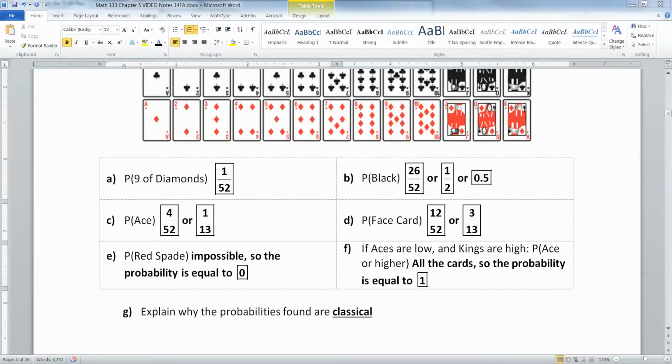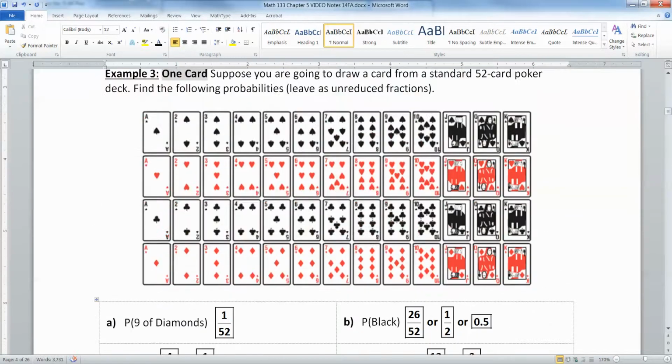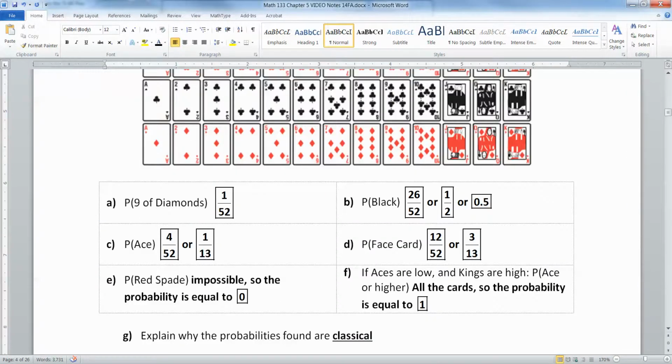All right. Now explain why this is classical. All these probabilities that we found are classical. That's because we didn't do an experiment. We don't have any data to draw from. We're just assuming that every card is equally likely, based on the makeup of the deck, based on what the cards look like. We just assume they're all just as likely as any other, and therefore that's classical probability.